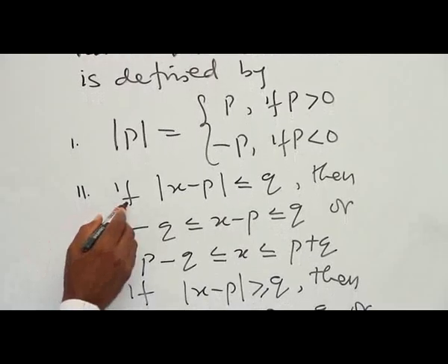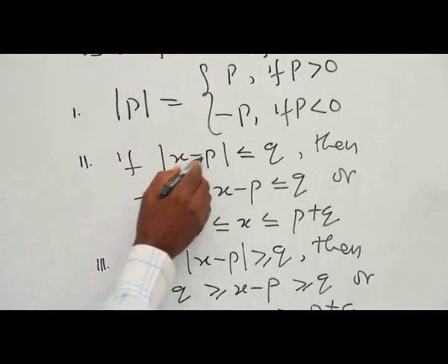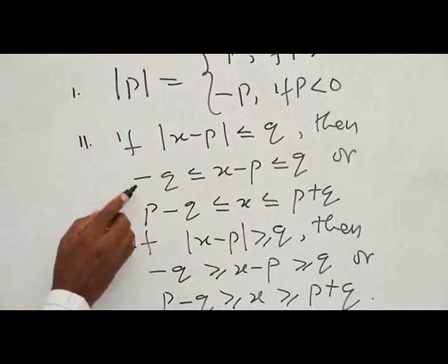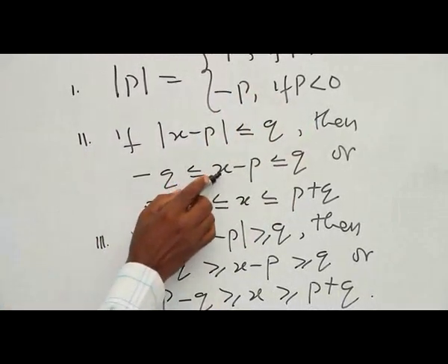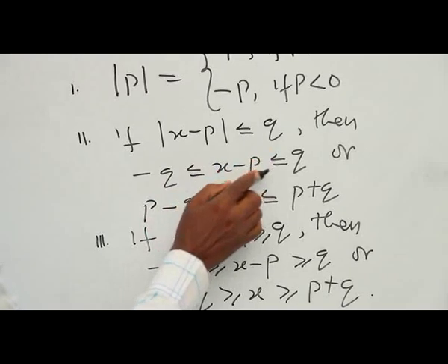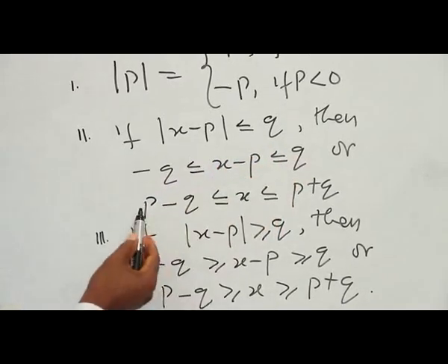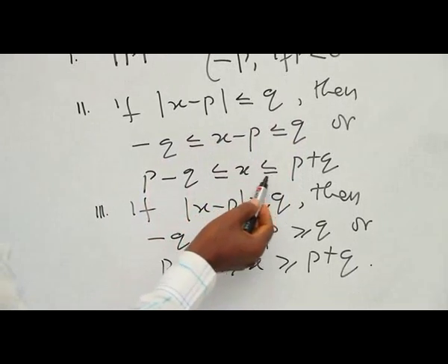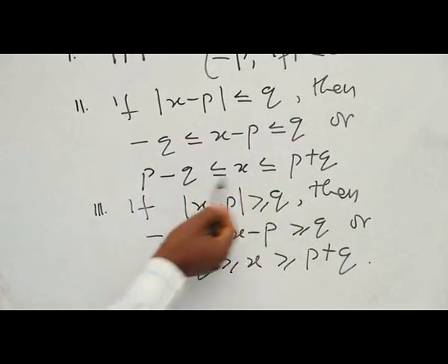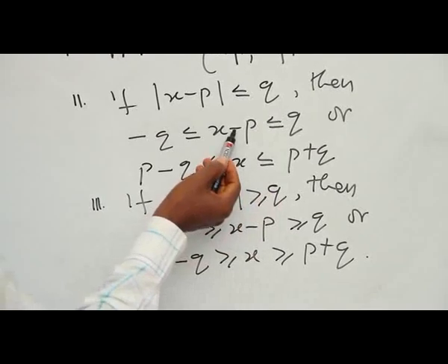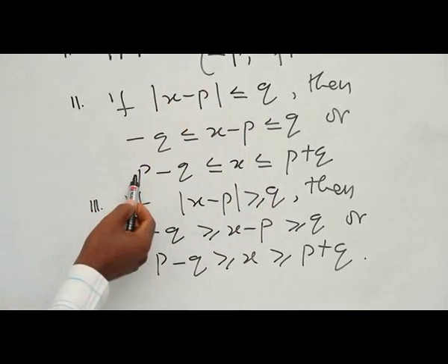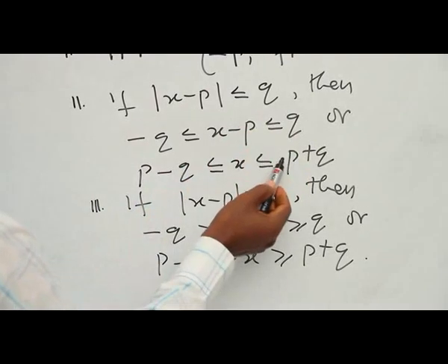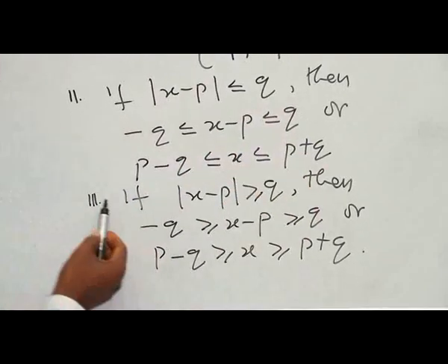Second point, if the modulus of s minus p is less than or equal to q, then it means minus q is less than or equal to s minus p less than or equal to q, or p minus q is less than or equal to s, and this is less than or equal to p plus q. All we have done here is, if you take minus p to this side, it becomes positive, so p minus q, and if you take it to this side, it becomes also positive, p plus q.